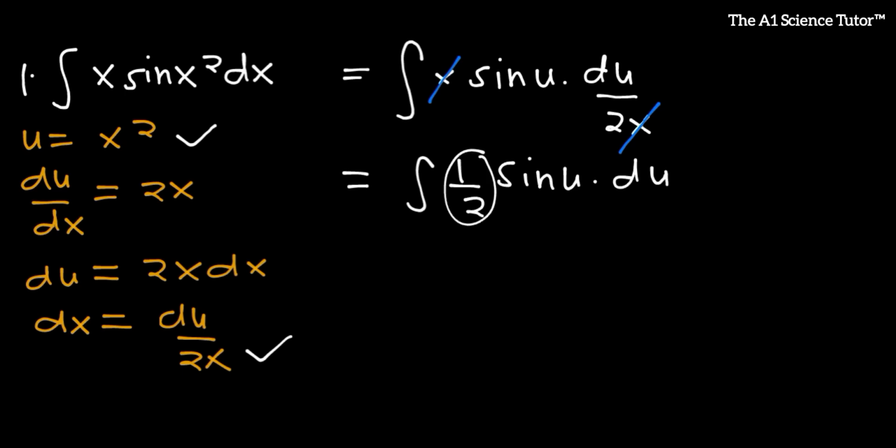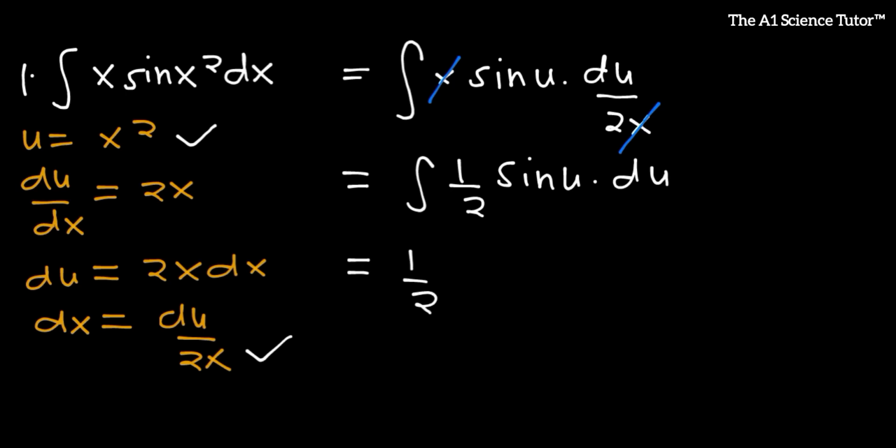Now I have 1 over 2, which is the coefficient of sine u. Basically, as long as you have this being a constant, you don't actually need to integrate it, because you have it as a non-variable function. So I'm going to take it out.